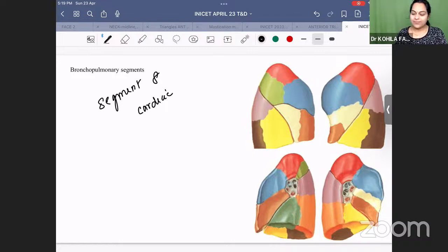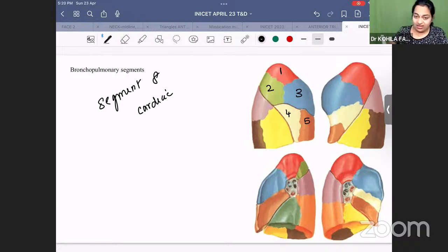You told me there's 10. This is apical, posterior, anterior, lateral, and this is the medial.